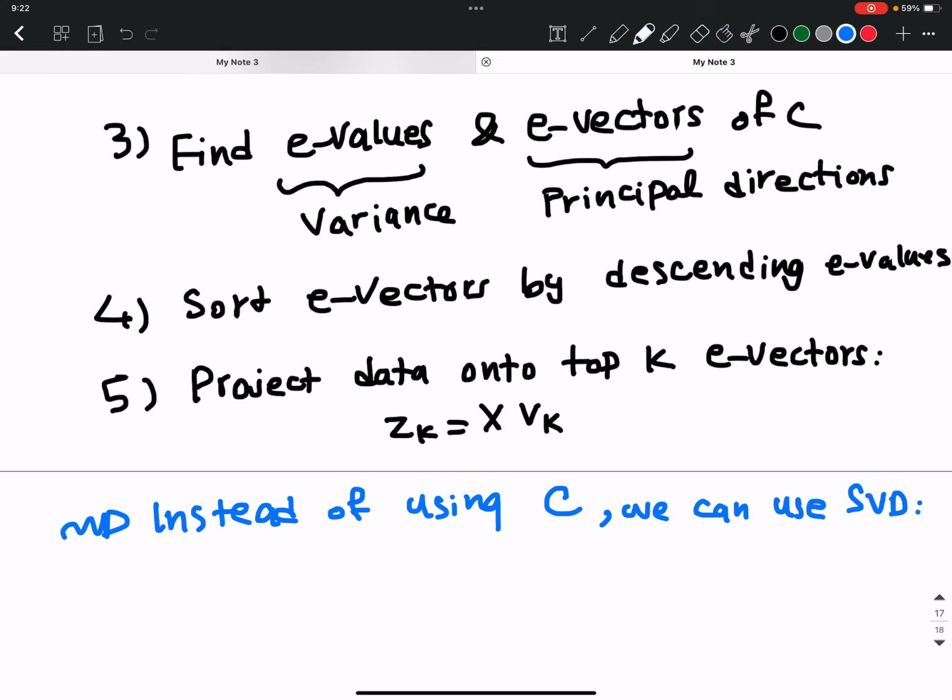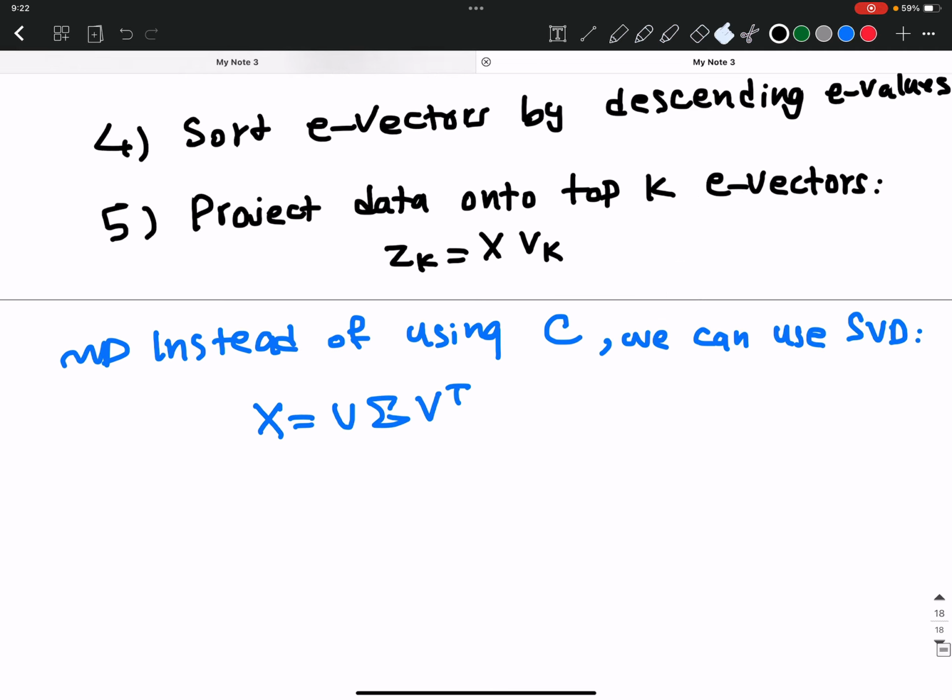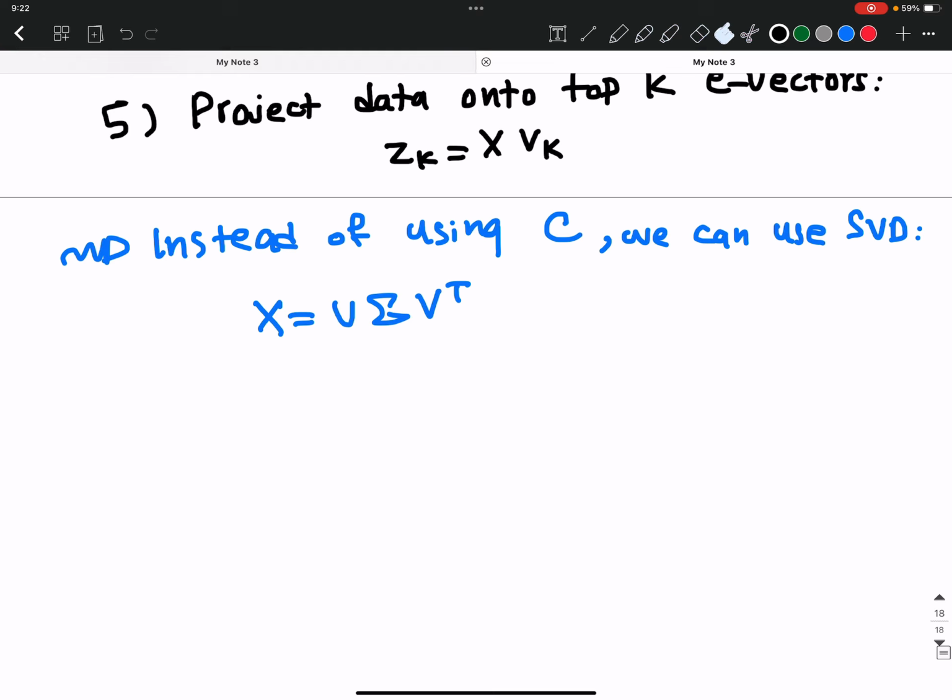So in this setup, we will have X. We can just represent it with SVD as U times sigma times V transpose, right? This would be my data. So I will bring everything in my data like this. Then, what would be my C? The C matrix, which was my covariance matrix, I can show it as 1 over n X transpose times X. Just substitute this X here.